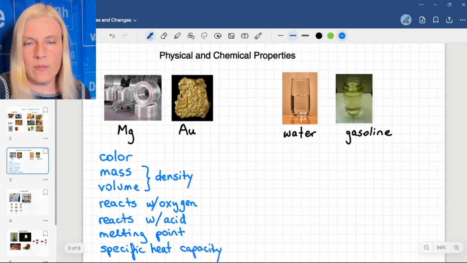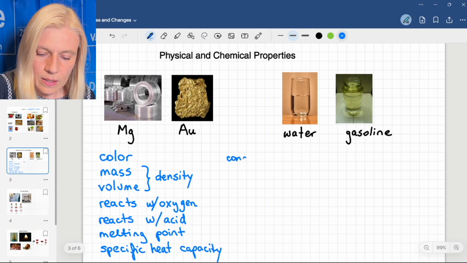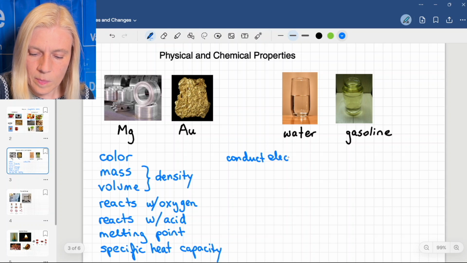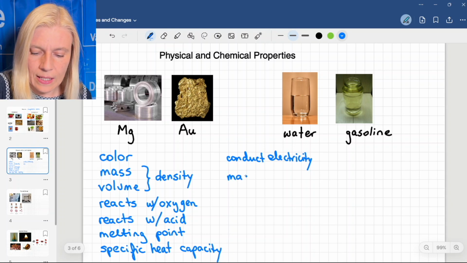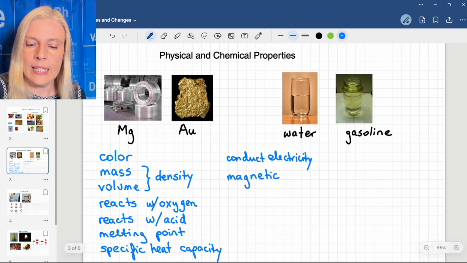I can also see if they conduct electricity. Does it conduct electricity? If I gave you iron, you can check if it's magnetic. You can check all these things.